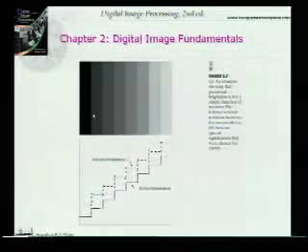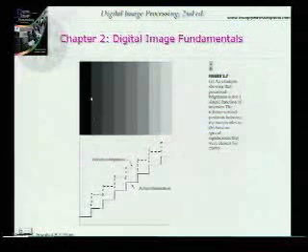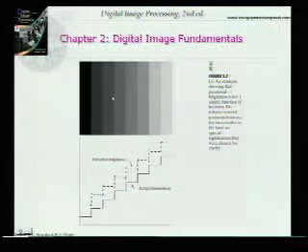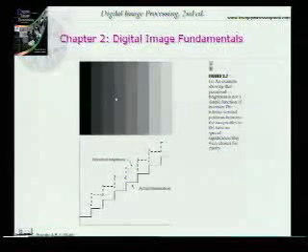So essentially what that means is that the perceived brightness just before the transition here looks a little bit darker than it really is to the human eye, and right after here it looks a little bit lighter than it is, just because it's next to the other band.